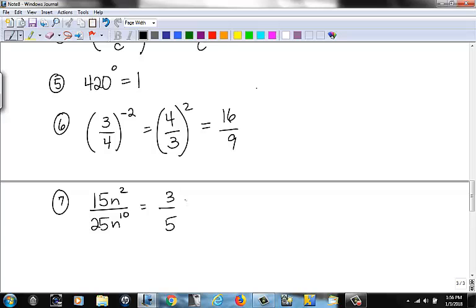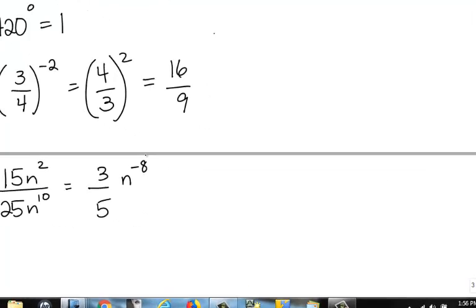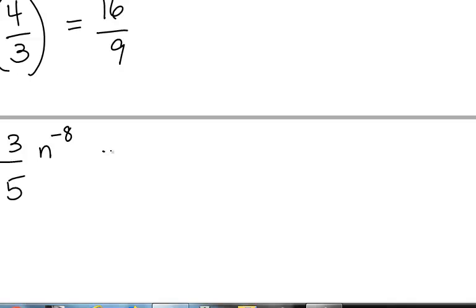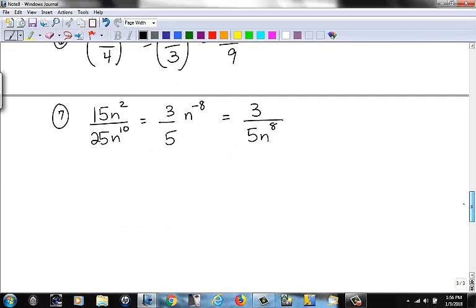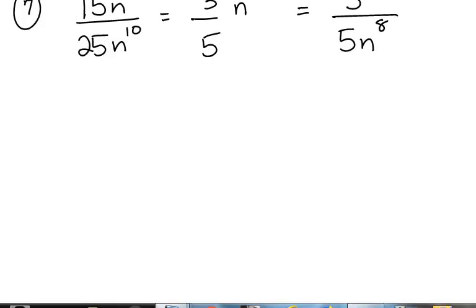I could do n to the negative 8, and what's that negative 8 do? Moves it down, so 3 over 5n to the 8. Okay? Another way to say that, look at that problem. If your larger exponent's on the bottom, that part of your answer is going to be on the bottom.